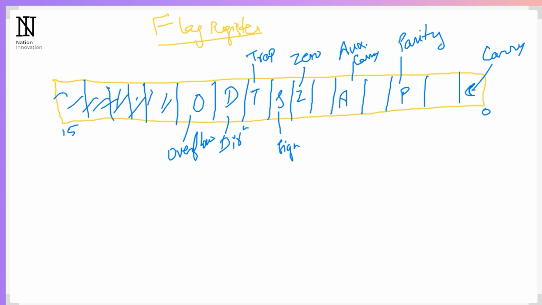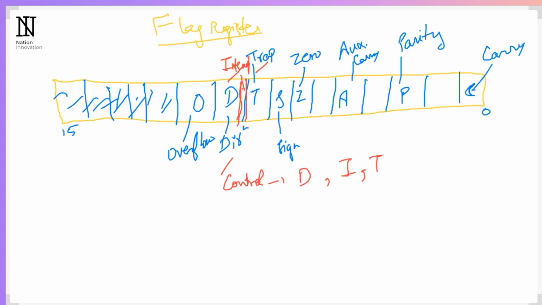After trap, we have one more, that is the interrupt flag. These three, direction, interrupt and trap, are called control flags.